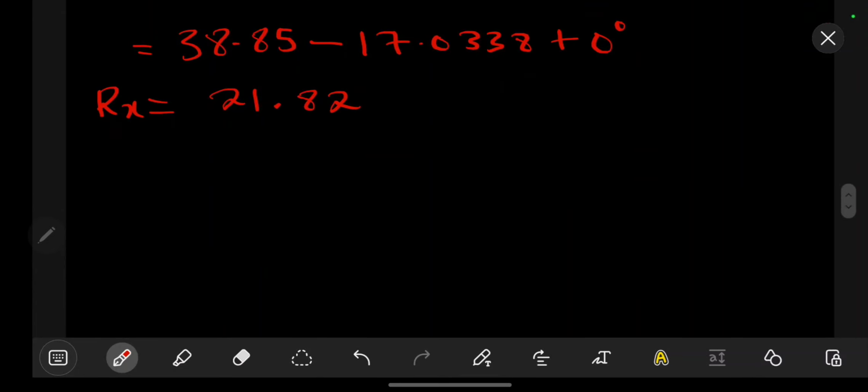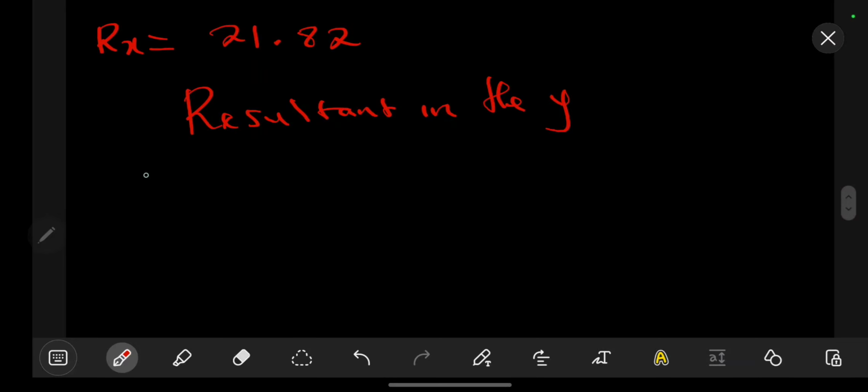After finding our resultant in the x, we can now find the resultant in the y. Our resultant in the y, which is our ry, should be equal to r1, same concept, but the resultant in the y is associated with the sine of theta.